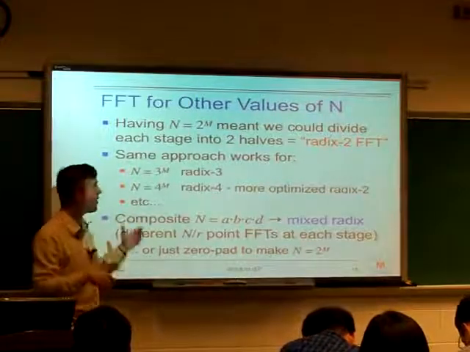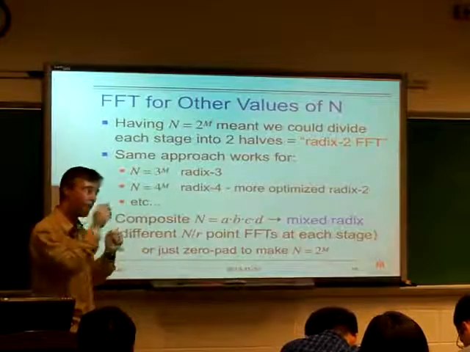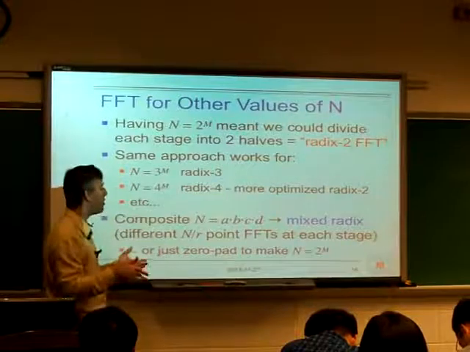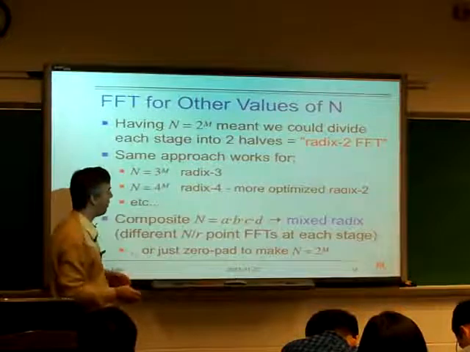There's nothing about this analysis which says you have to use the same decomposition of the DFTs at every stage. So you can use different breakdowns if you have the implementation for them at every stage.